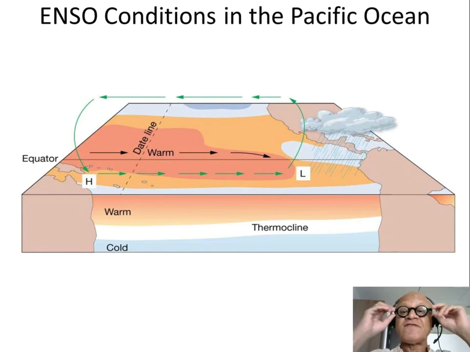So this is the first example you are seeing where you are actually getting into complete ocean atmosphere interactions. Okay?